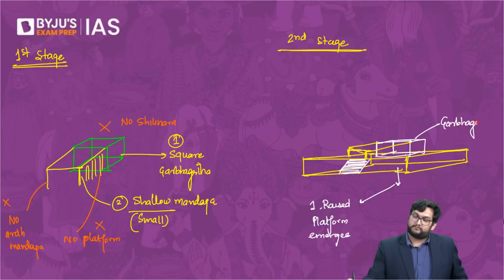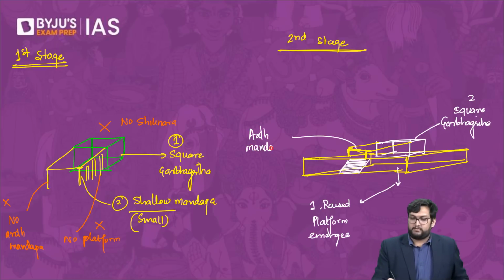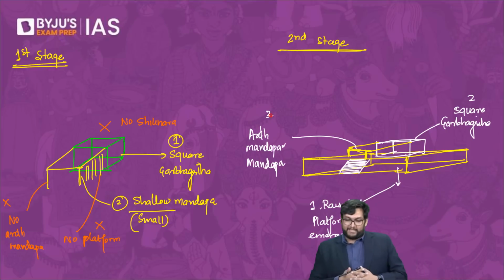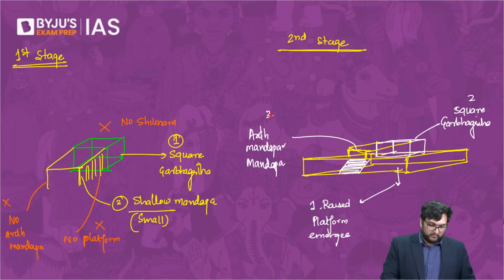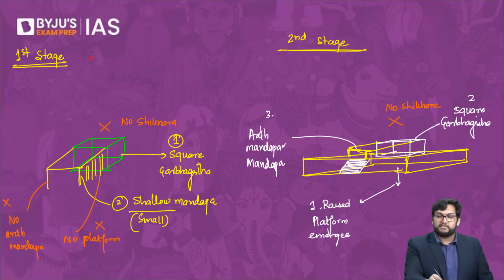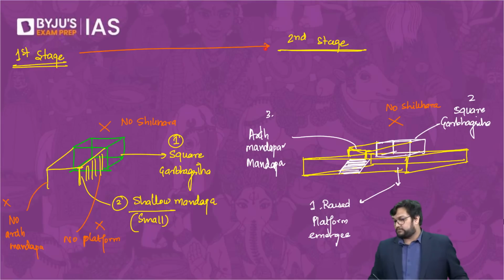Garbhagriha is also there, square. And Ardha Mandap and Mandapa both have started to be conceptualized. So again, what you don't have is a Shikhar. So from the first to the second, there's one change.